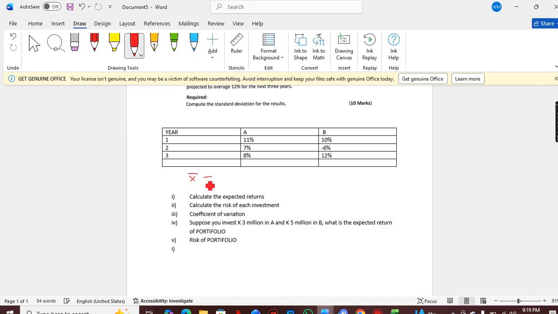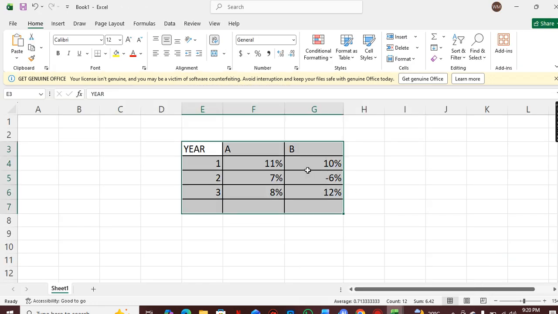This is the formula that we're going to use to calculate the average, the way we've just been calculating averages.